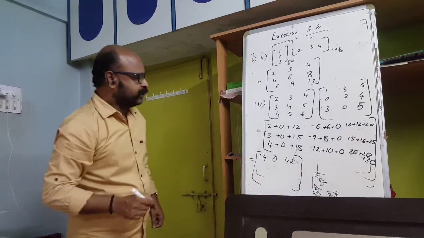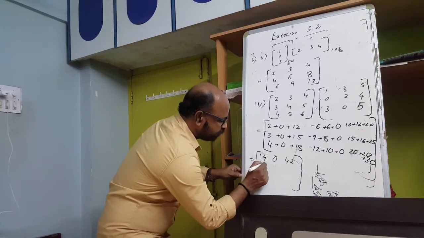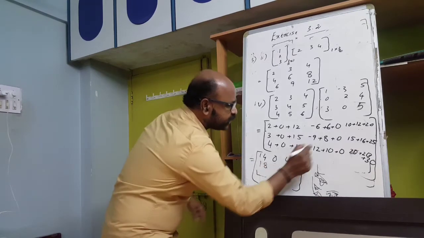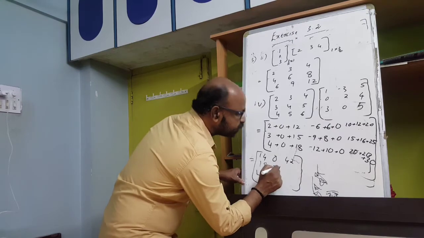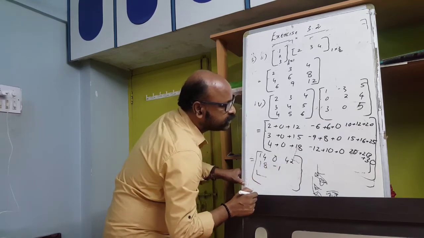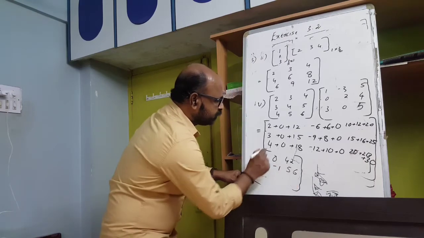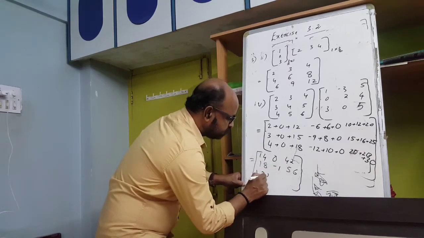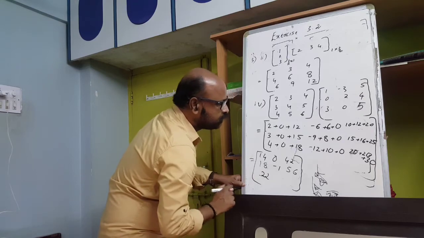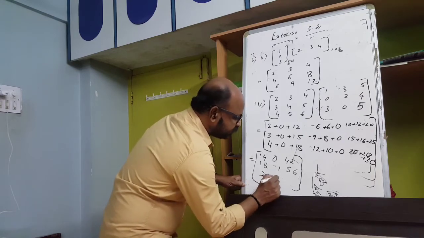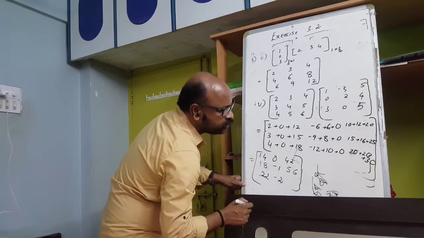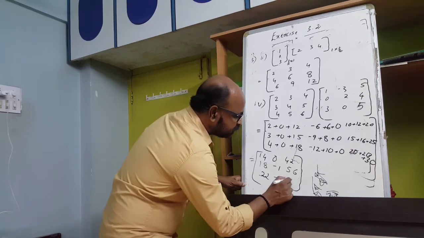Okay, then 3 plus 15, 18, minus 9 plus 8, that is minus 1, 15 plus 16, 31 plus 25, that is 56, then 4 plus 18, 22, then minus 12 plus 10, that is minus 2, then 20 plus 20, 40 plus 30, 70.